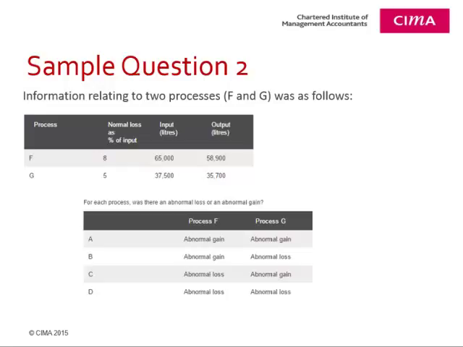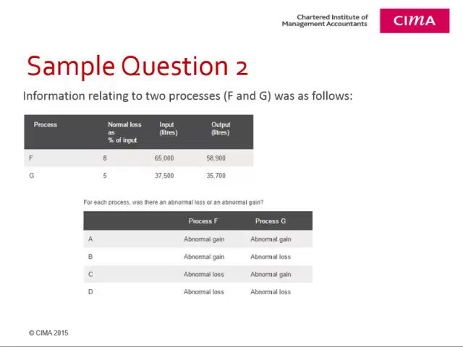But the actual output was 58,900, so just a change of two digits there. As the actual output was less than expected, there has to be an abnormal loss. So if that's true, this means that choices A and B are incorrect, so we could eliminate those.